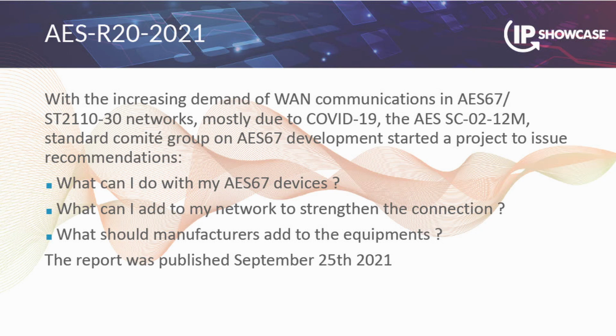AES67 by default is fully IP, so it can cross subnets, and this is the main feature that we used as a support in helping AES67 users with doing AES67 beyond the LAN.